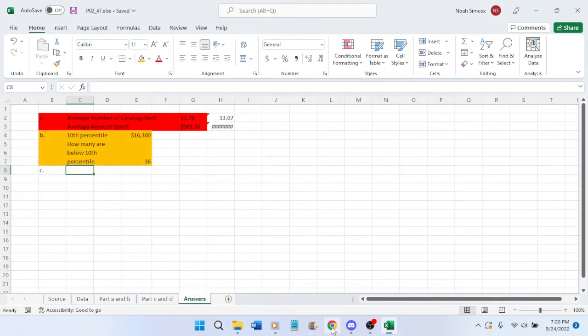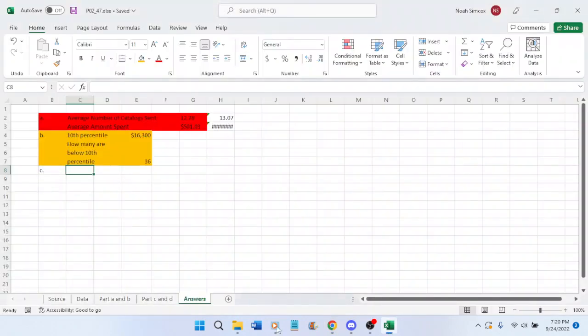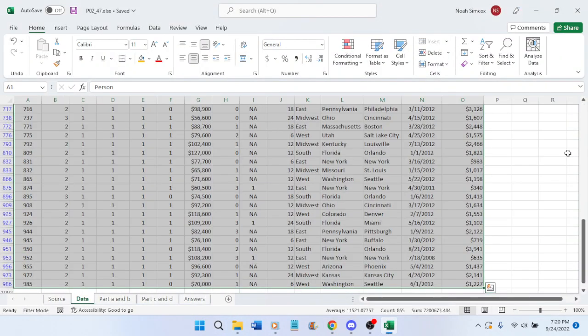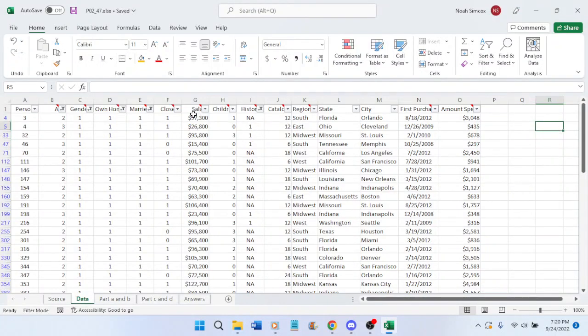C, what are we trying to do? What is the average combined household salary? Average. Okay, what are they talking about, combined? We have salary. Oh, it's just that.